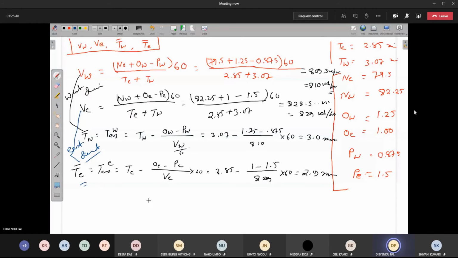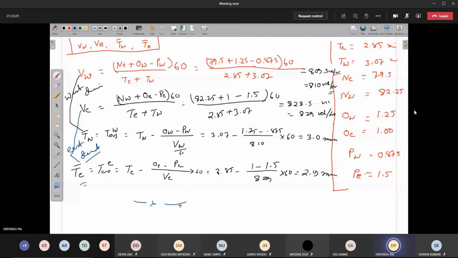Any issue in this part till now, including yesterday and today, whatever I have discussed? Sir, VW is the flow, right, sir? VW is the flow. You have converted it per hour, no? So it is flow.